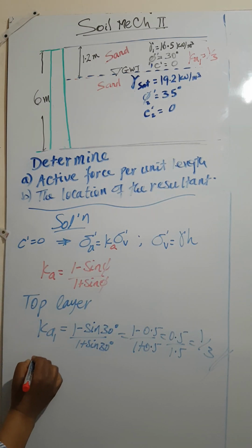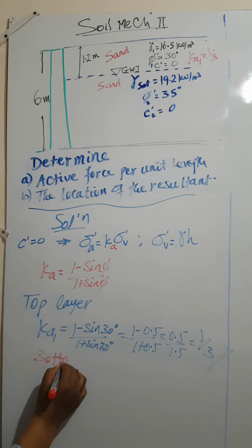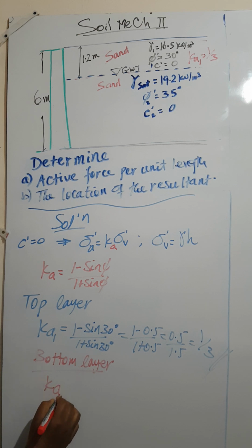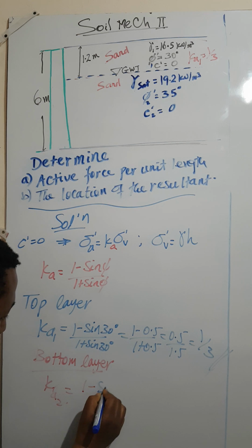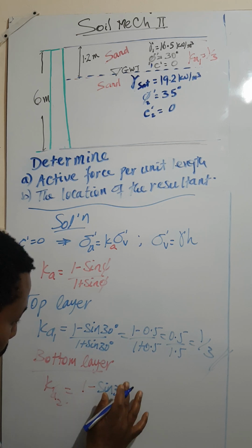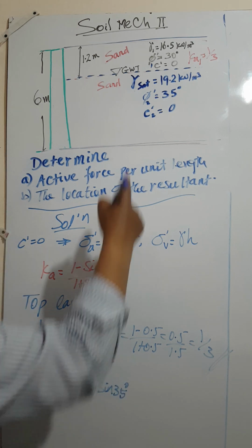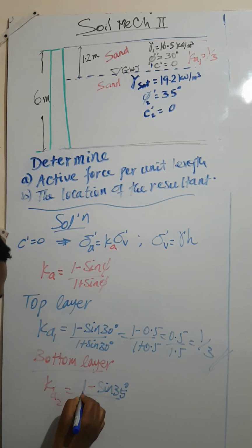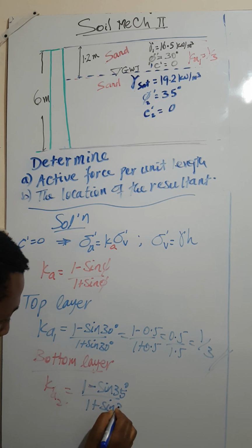For the second, the lower layer, the bottom layer, what do we need? KA2, the active coefficient of earth pressure 2. KA2 is equal to 1 minus sine, not 30, I think 35, divided by 1 plus sine 35 degrees.